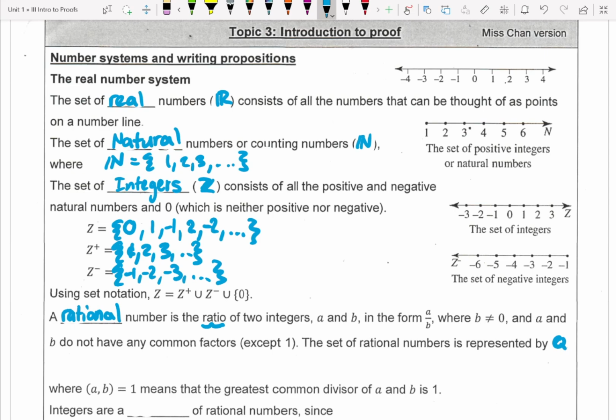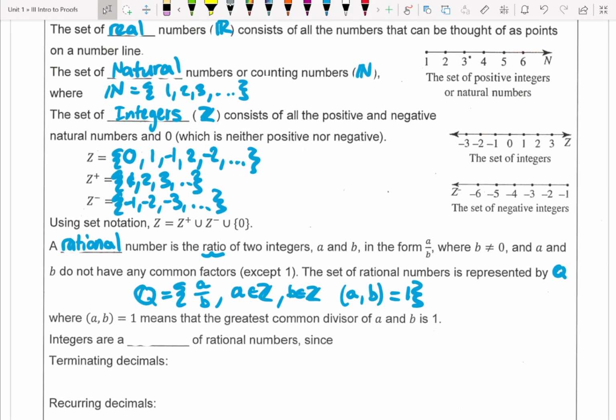And then we call it Q is equal to the set of A on B, A element of integers, B element of integers, and then we say that the greatest common divisor of A and B is equal to 1. So having those two numbers in a bracket in set notation means that the common divisor of A and B is 1.